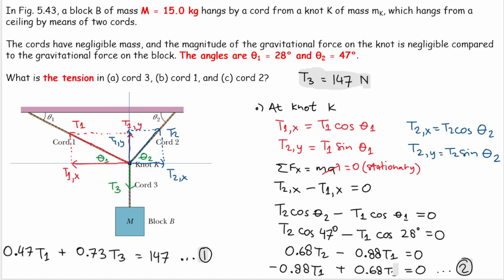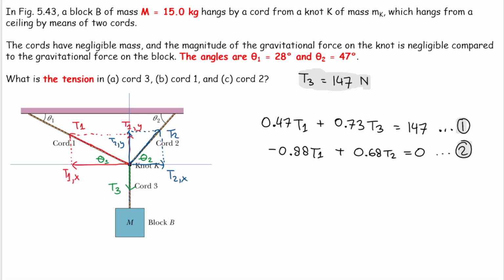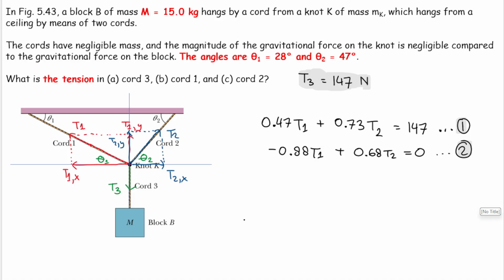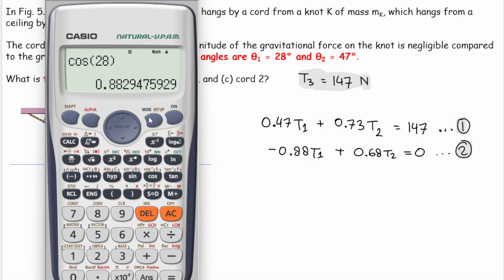Because this is T1, T2, this is also T1 and T2. We should be able to solve this using linear algebra. Let's clean this up and solve it. The fastest way is by using the calculator. Oh, this is not T3, this is T2.